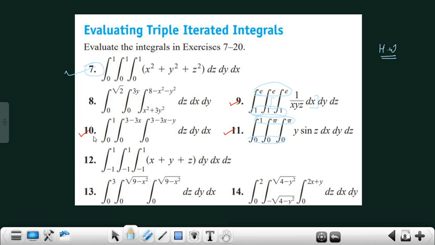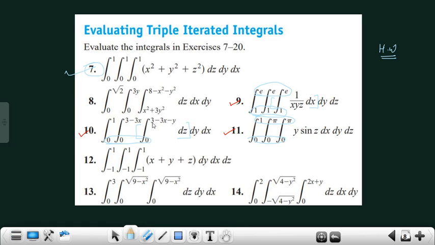Coming to problem number 10, the lower limit is 0 for all these integrals, so it is constant limits, but for the upper limits, for this integral, integral 0 to 3 minus 3x minus y, we have to evaluate this integral first.